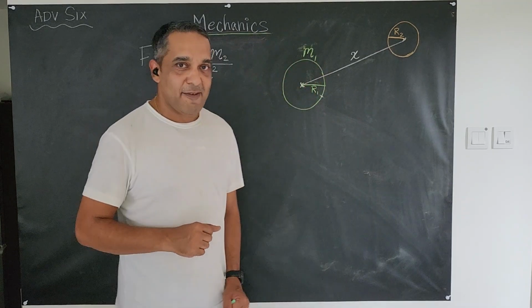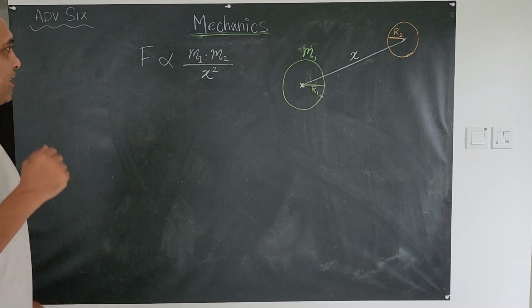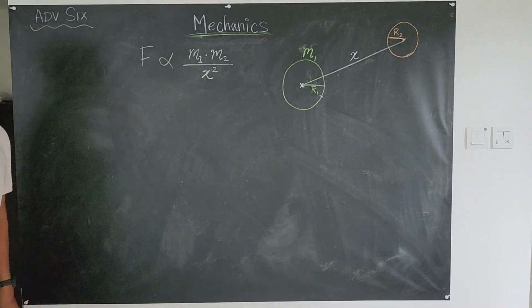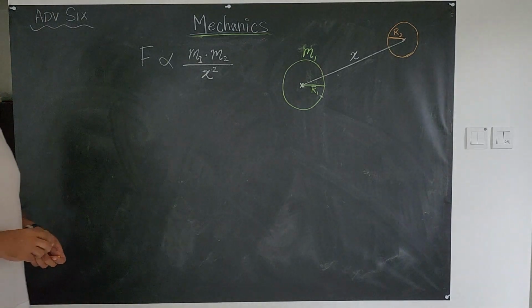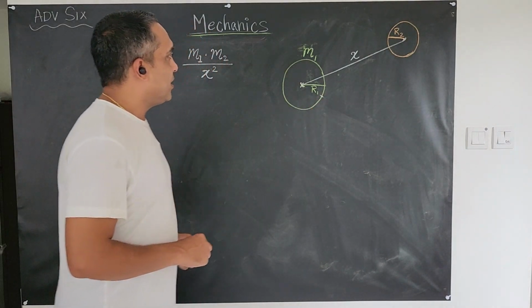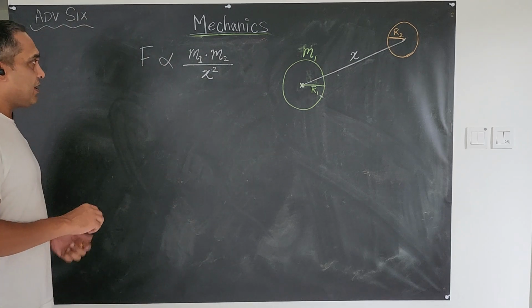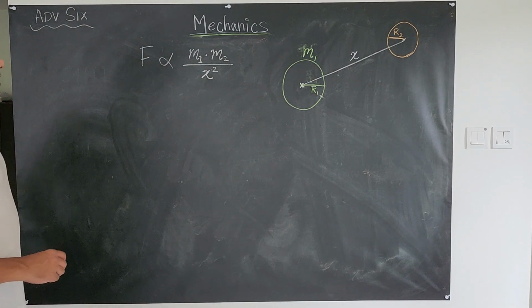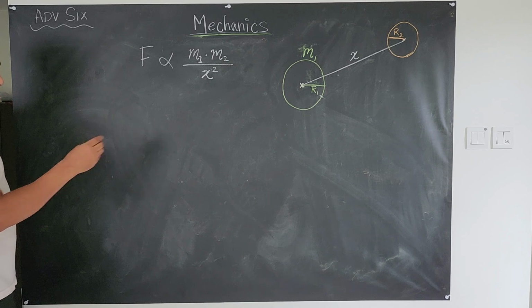And I think I already have some of the stuff written down here on the board. We'll start with the first one, which is Newton's law of gravitation, and I have a picture here illustrating that. We know all of this, so we're not going to get into it too much.